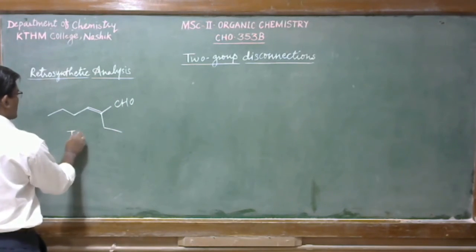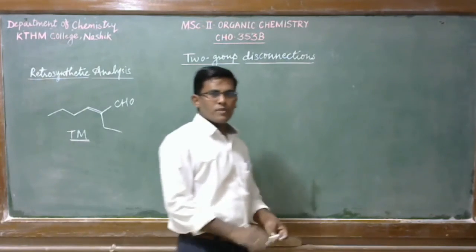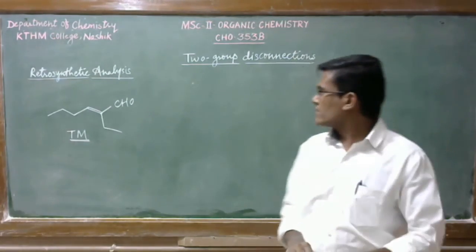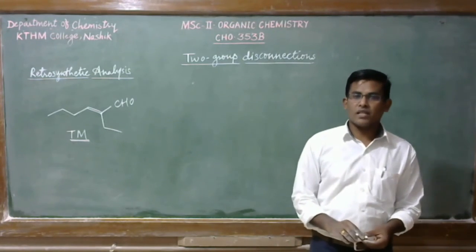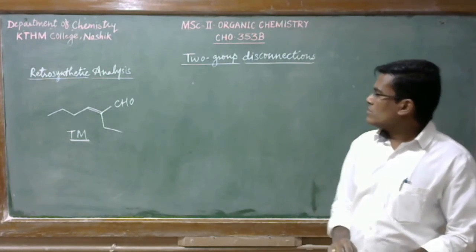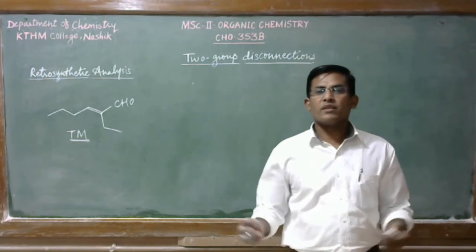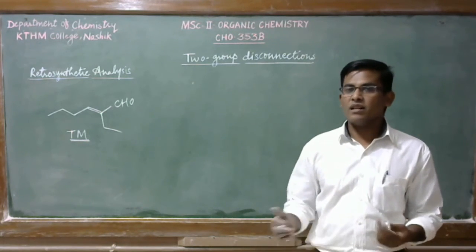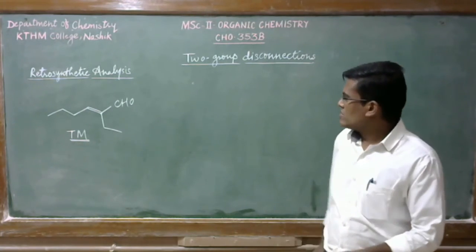This is our target molecule. When you observe this molecule, you will recognize the alpha beta unsaturated carbonyl compound. An alpha beta unsaturated carbonyl compound can be obtained from the aldol. It's a dehydration product.